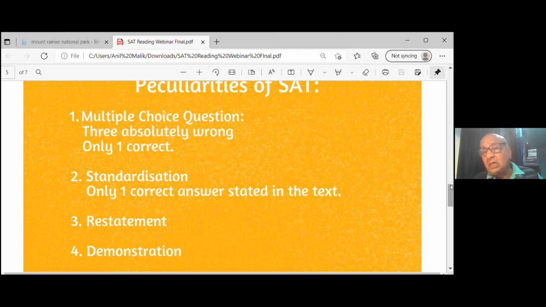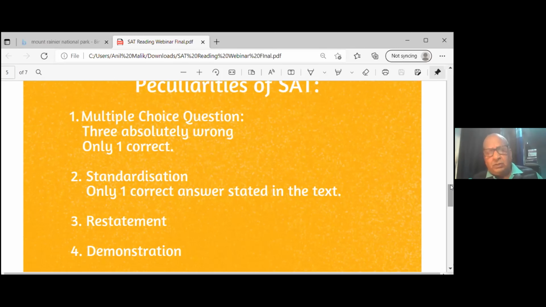Now, if your teacher asks you an opinion on Shylock or Portia or whatever, he's actually incentivizing you to express an opinion, to think out of the box, to interpret, to analyze, to deduce, make a conclusion. What you must believe is that in the SAT, you have to step away from this.